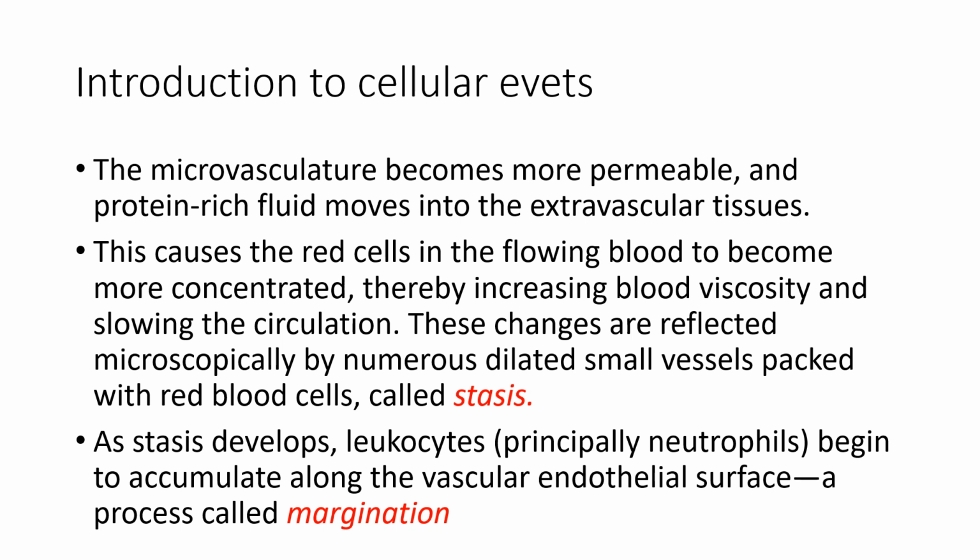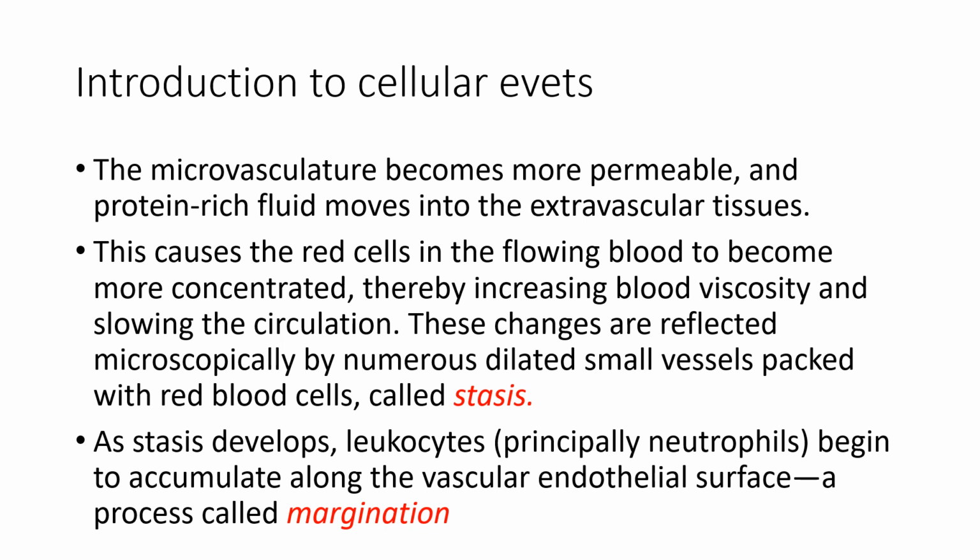This increased vascular permeability to the fluid and proteins causes the red blood cells in the flowing blood to become more concentrated and thereby increases blood viscosity. Increased blood viscosity will slow the circulation.